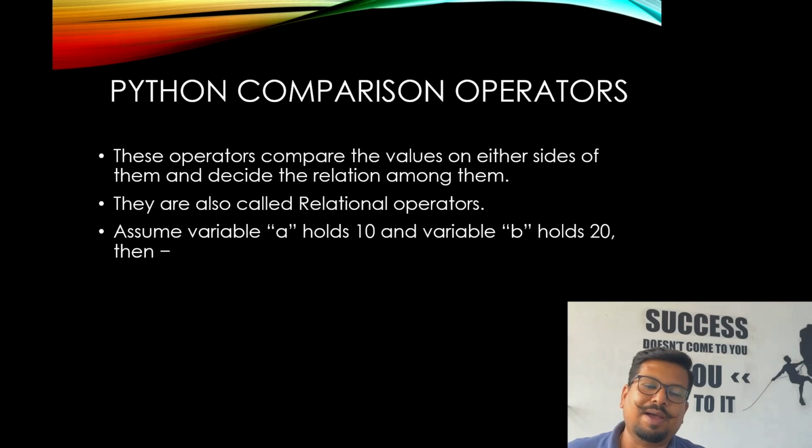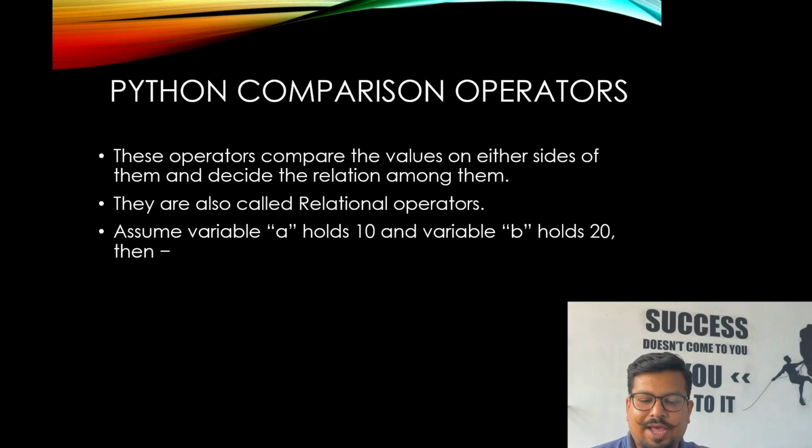Those are nothing but your comparison operators. These are also called relationship operators, which are going to tell me the relationship between the left hand side and the right hand side, or we are going to compare the values of the left hand side with the right hand side. Okay, so what exactly is it?